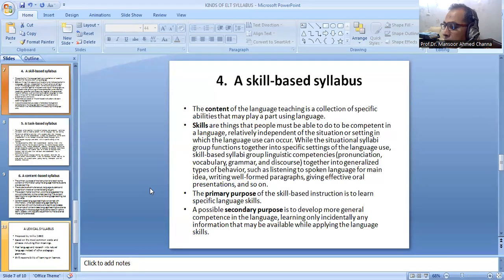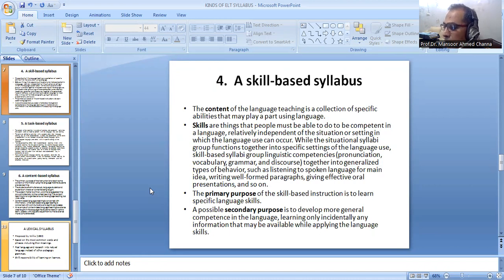Skill-based syllabi group linguistic competencies, pronunciation, vocabulary, grammar, and discourse together into generalized types of behavior, such as listening to spoken language for main idea, writing well-formed paragraphs, giving effective oral presentation, and so on.